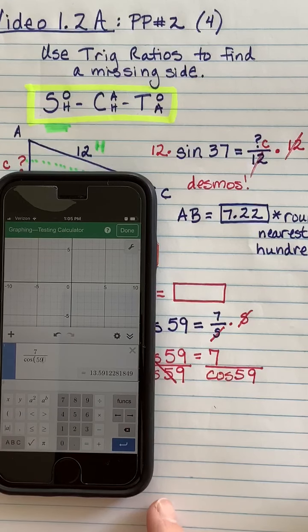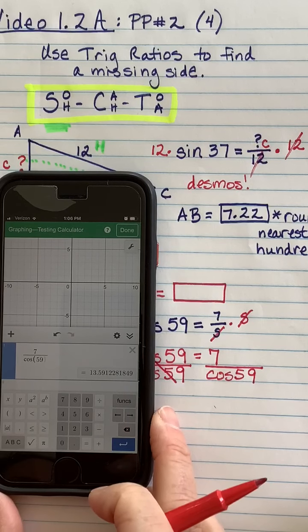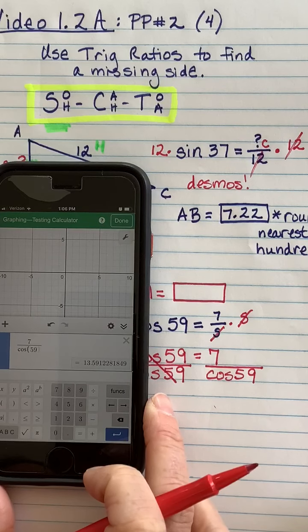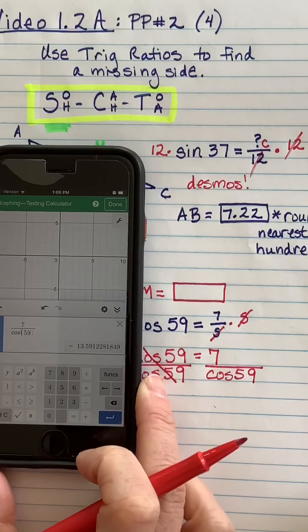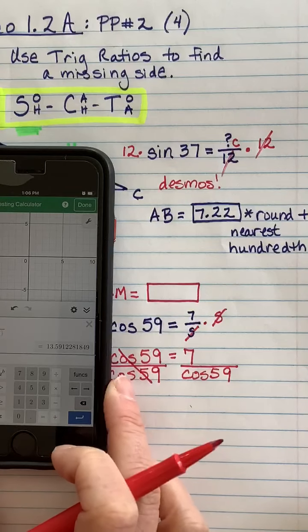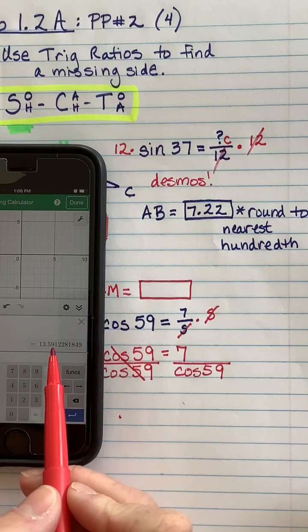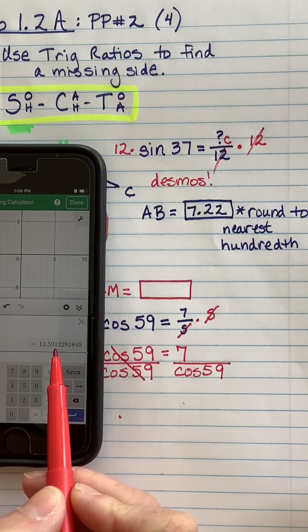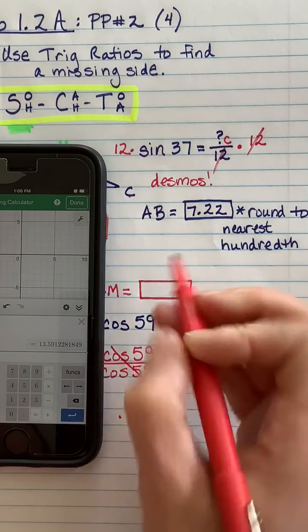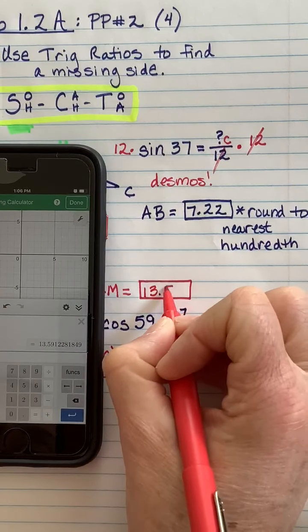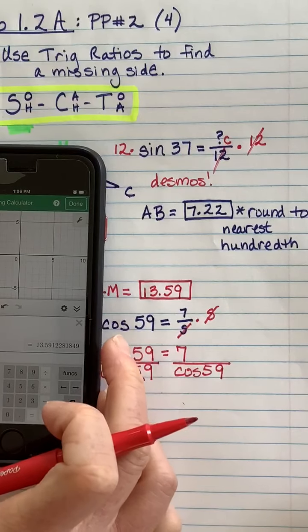The cool thing is if I'm going too fast, just hit pause. So now I've got 13.59. Remember, rounding to the nearest hundredth, I'm looking at that like I'm looking at money, 59 cents. Do I bump it up to 60? I don't. So I've got 13.59 again.